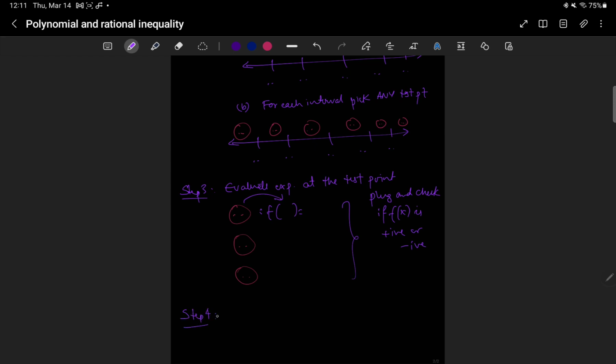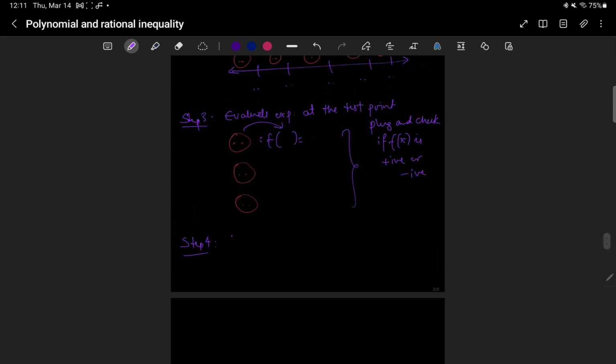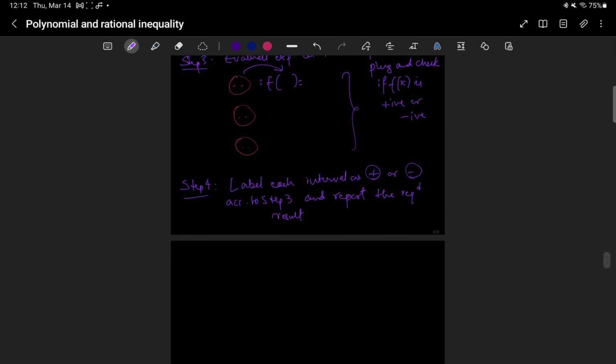And then step 4, label each interval as positive or negative according to step 3 and report the required result. What that means is, at this point, you've solved all the possible inequalities. So depending on the question, whether it's asking you where it is 0, less than 0, greater than 0, greater than equal to 0, you can then answer your question. Right?